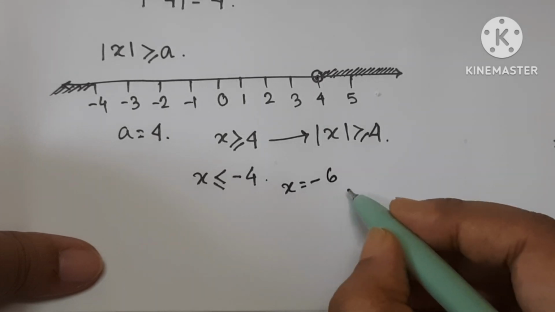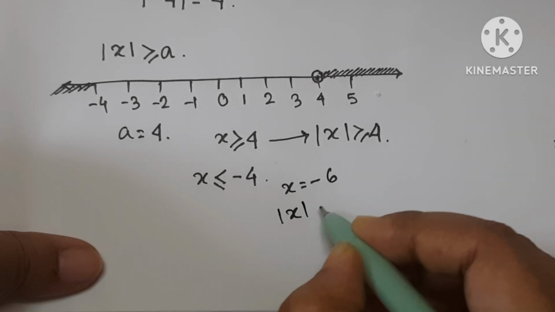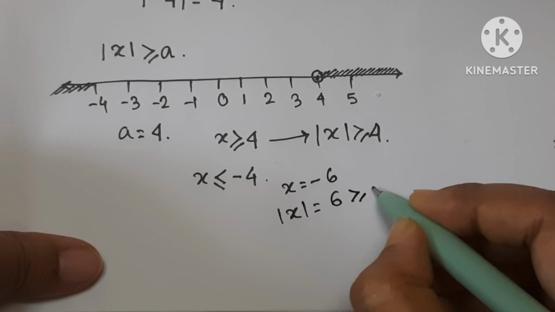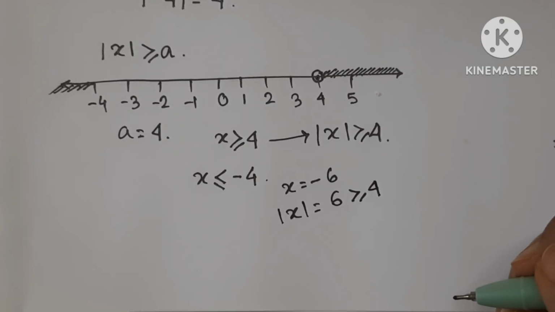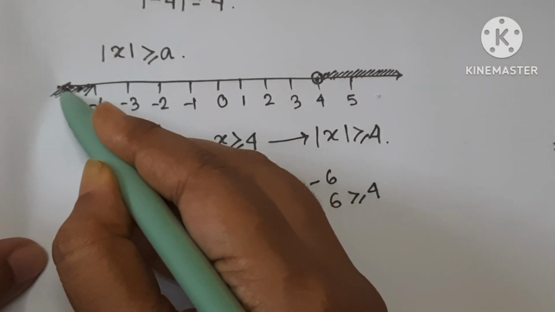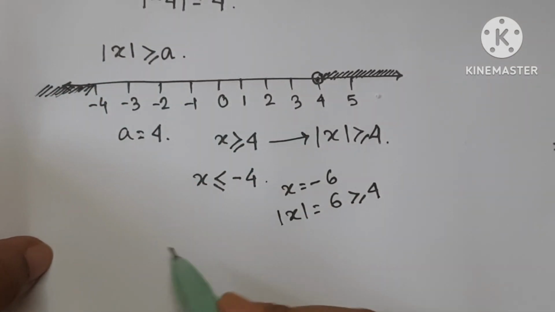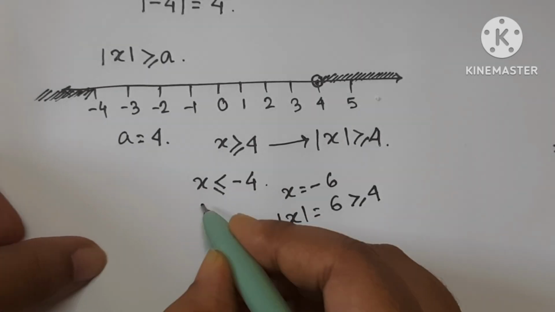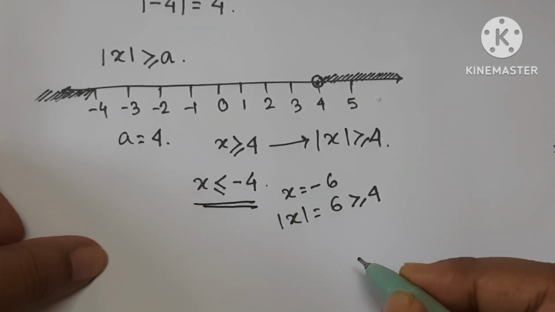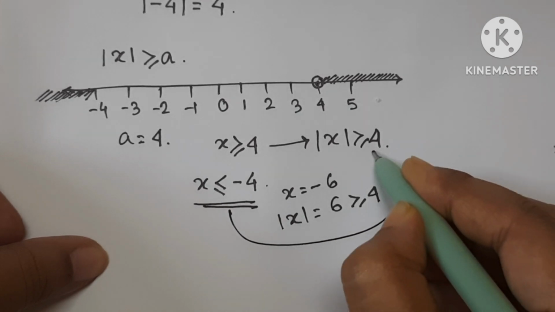Then mod of x equal to 6, and 6 is greater than 4. Yes. So that means this region also satisfies this, when x is less than or equal to minus 4.